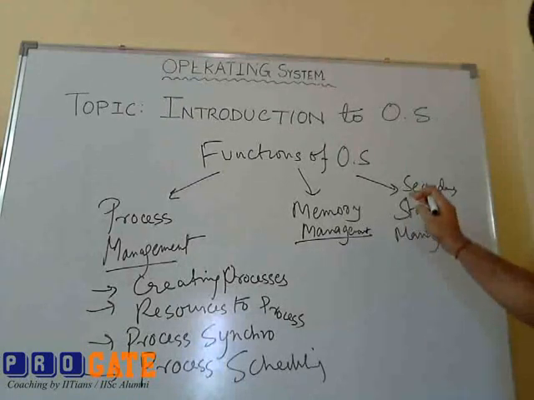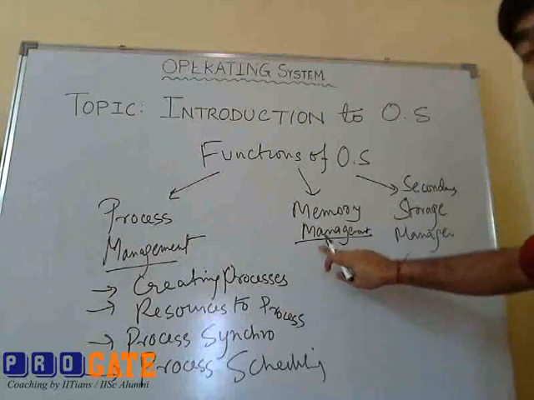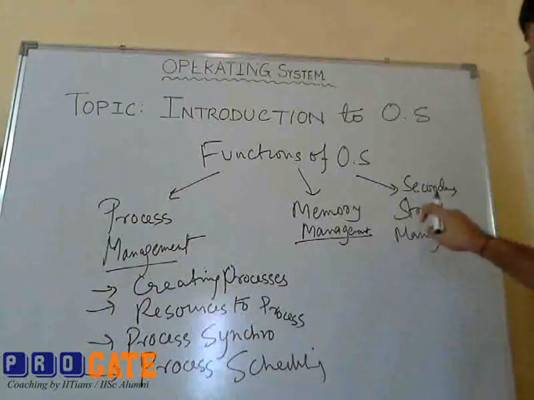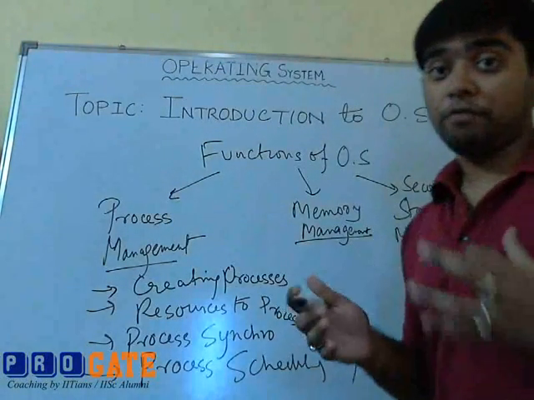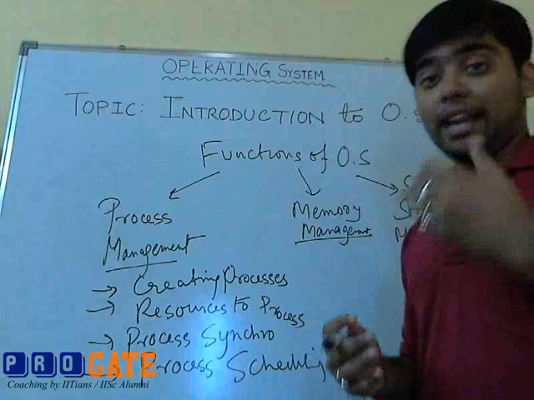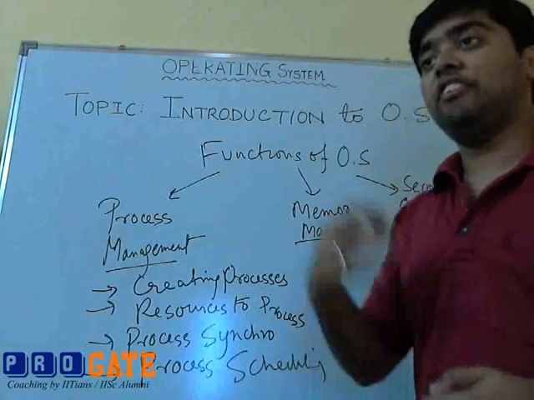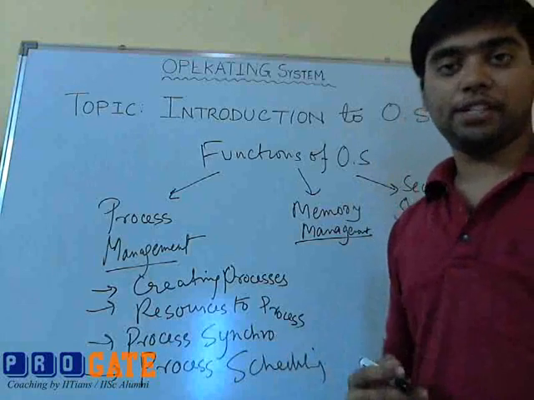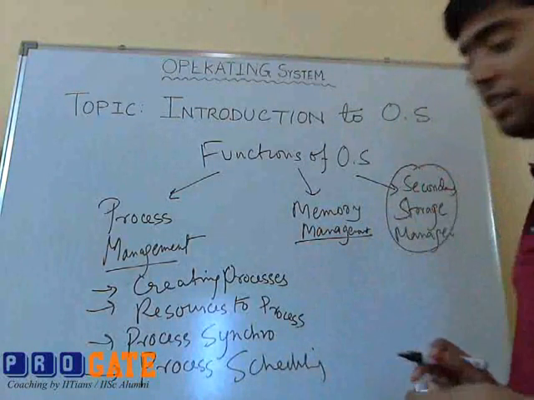By secondary storage, we mean the disks. The way operating system does memory management, the operating system also does secondary storage management. If there are a number of disks, how to arrange those disks, how to manage the different operations like reading to a disk, writing from a disk, all these operations come under secondary storage management.